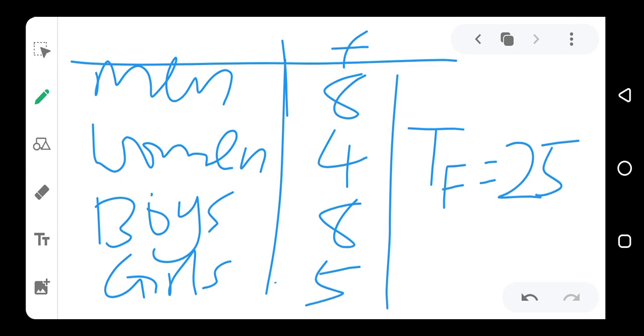So we now have the total frequency at 25.